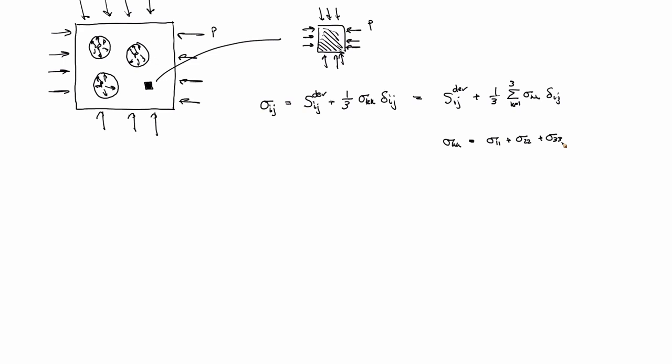I'm equally confining this little cube by P on all sides, so I'm not inducing any shear. I'm just squeezing it equally on all sides. Shear would imply some type of transverse deformation. This is an isotropic deformation.